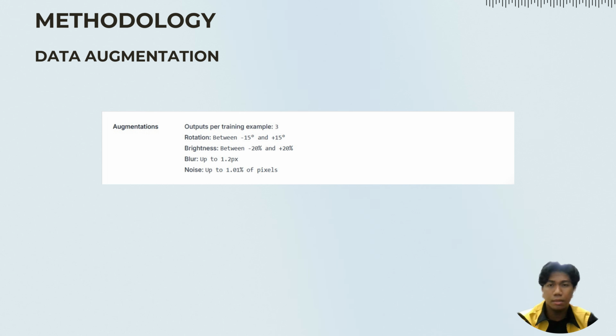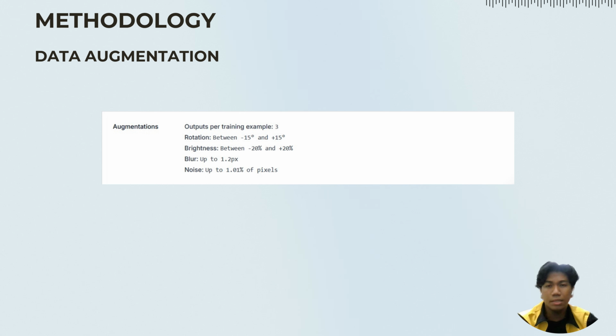Because collecting thousands of photos manually is difficult, we use data augmentation to multiply our dataset and simulate real-world problems. For every original image, we generate three augmented versions. First, we apply rotation up to 15 degrees to simulate the user holding their phone or ID card at an angle.